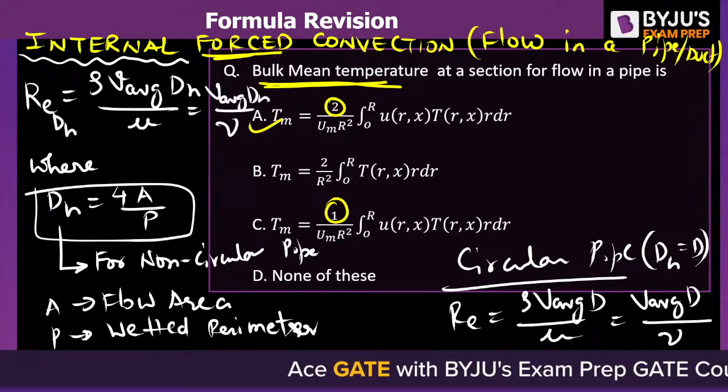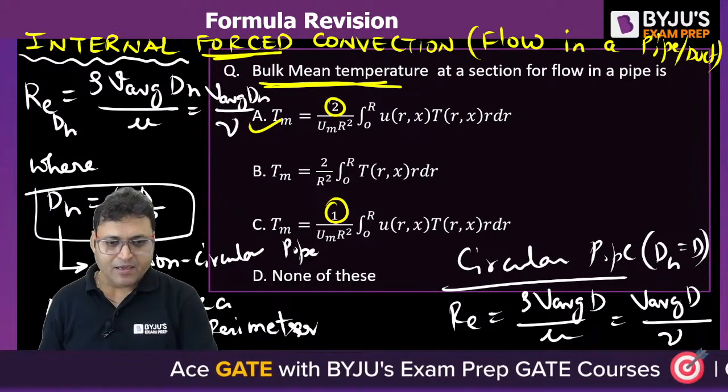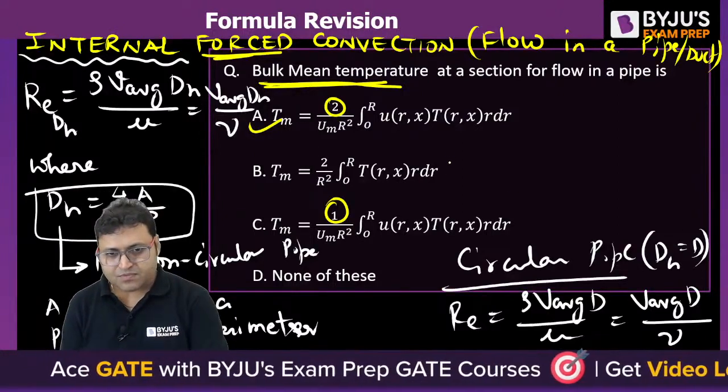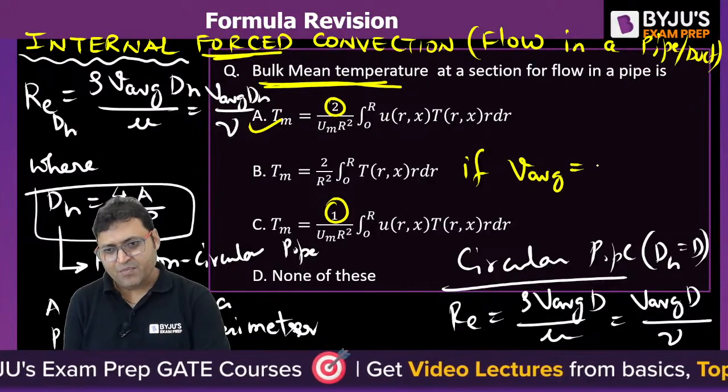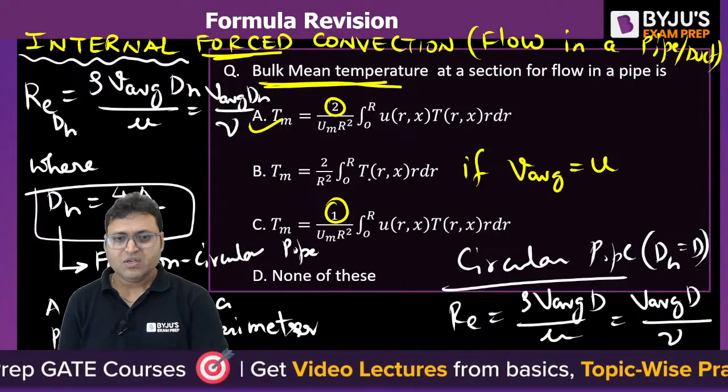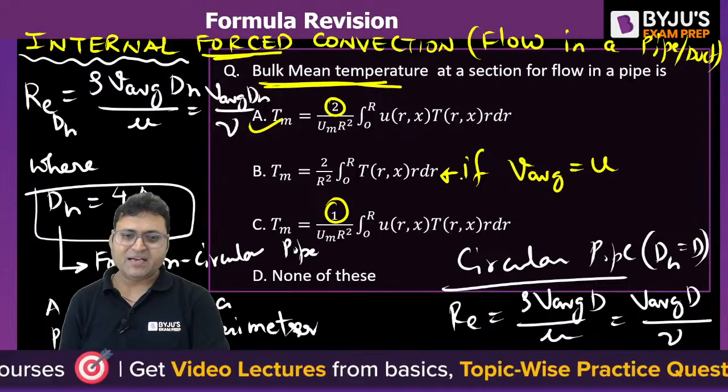If local velocity and average velocity become equal, V average becomes equal to U, then option B would have been the right answer, right?